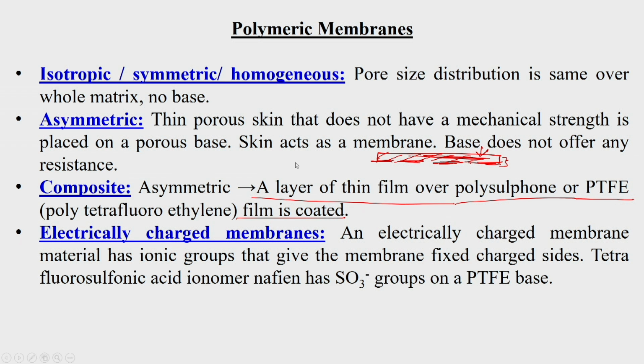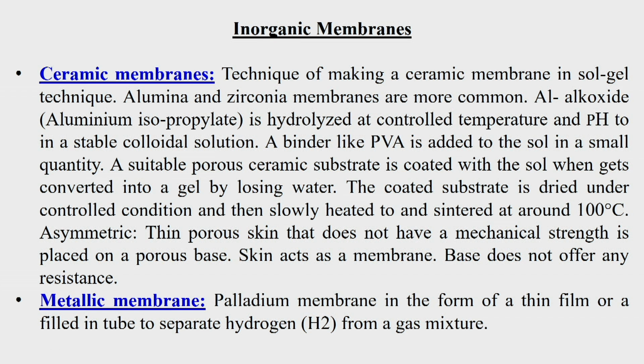In case of inorganic membranes, we have two different types, one is the ceramic membrane and the other is the metallic membrane. For ceramic membranes, the technique of making them is the sol gel technique, where alumina and zirconia membranes are more common. Alumina alkoxide is hydrolyzed at controlled temperature and pH to a stable colloidal solution.